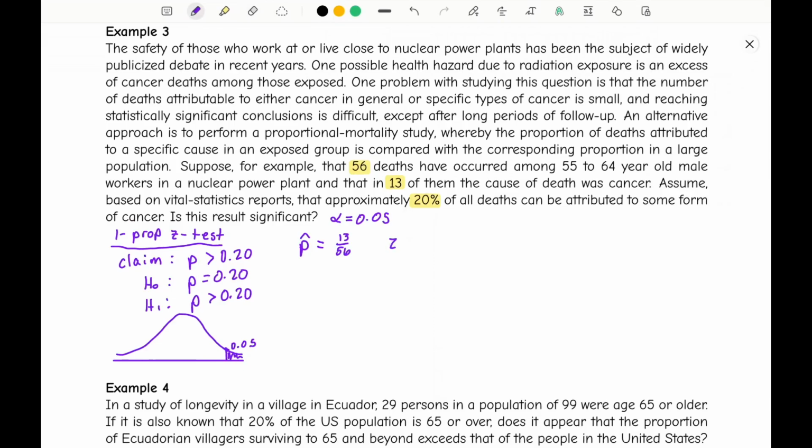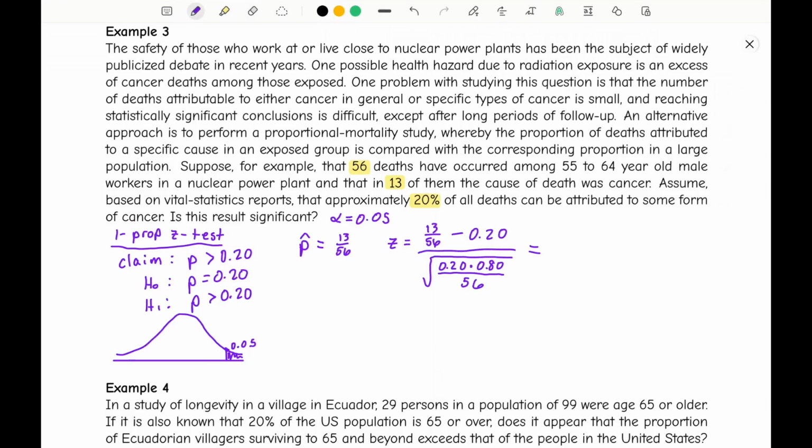So then our test statistic z is p-hat minus p, and remember p comes from the null hypothesis, so 0.2, divided by the square root of 0.2 times 1 minus that, or 0.8, over n, which is 56.